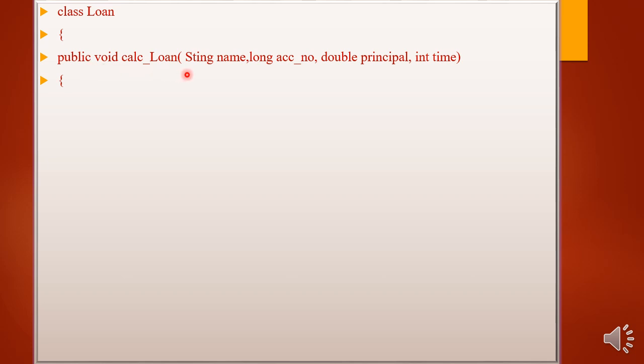And what are the input data in this program as we have seen in the question? First input data is name. What is the variable name used for? The variable name is used for storing the name of the customer, and that is of string data type. The next input data is ACCNO.